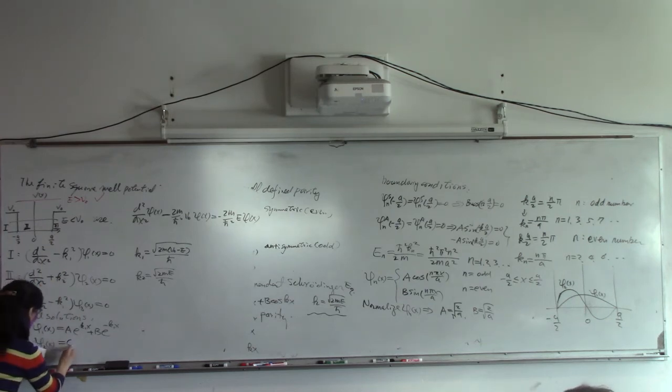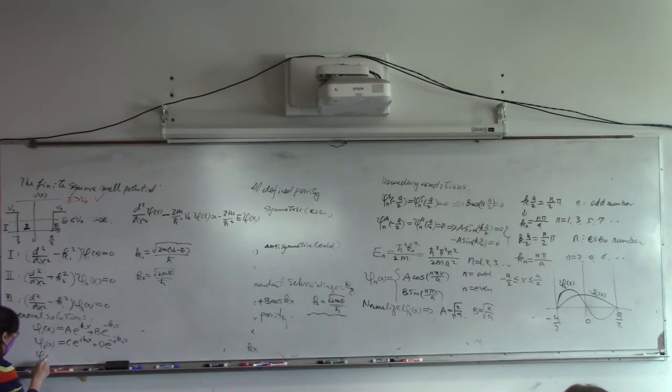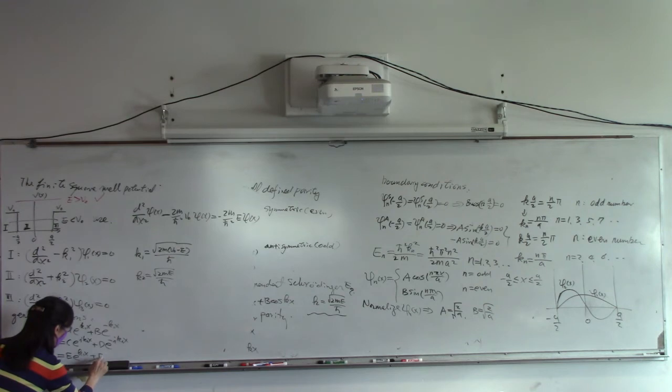So that is C e to the i K2x plus D e to the minus i K2x. And psi 3 again is decay. So I'm going to use E exponential K1x plus F e to the minus K1x.